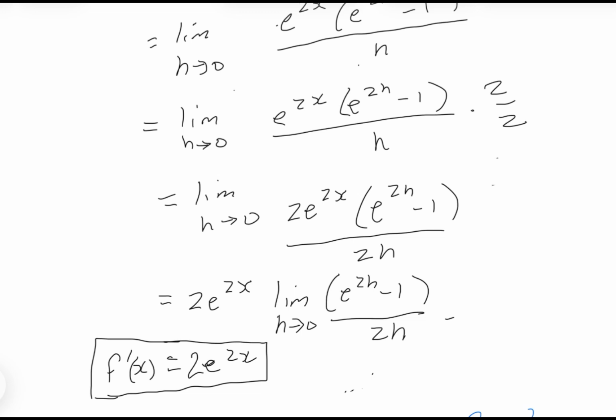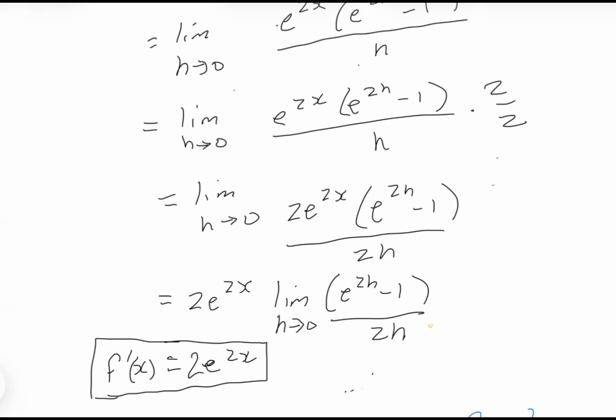So now that part there is equal to 1, right? The limit as h approaches 0 of e to the 2h minus 1 over 2h.